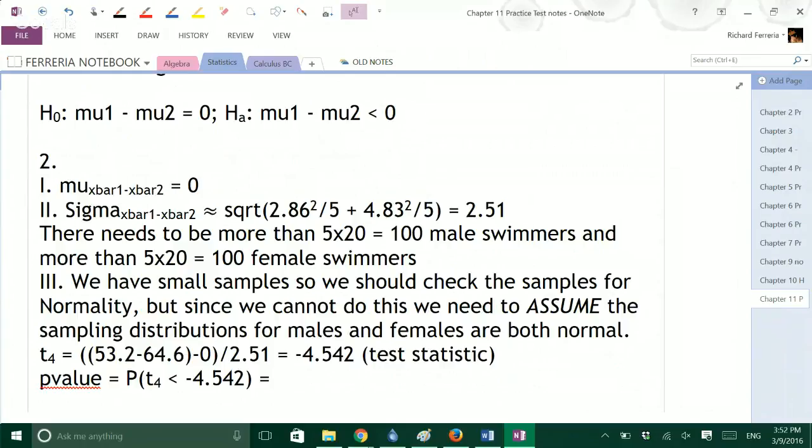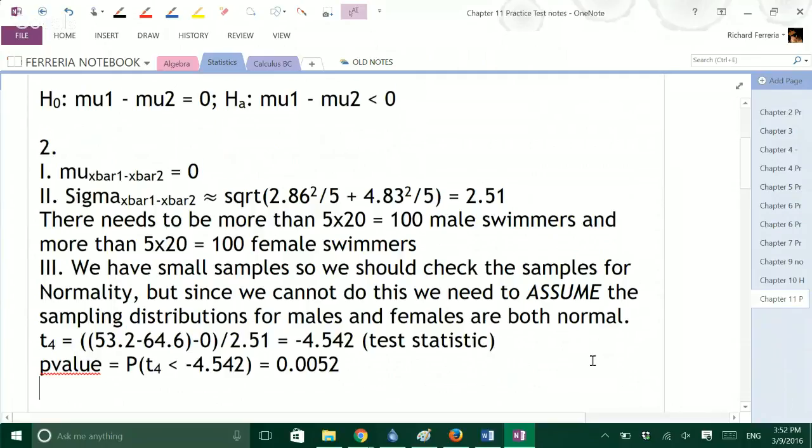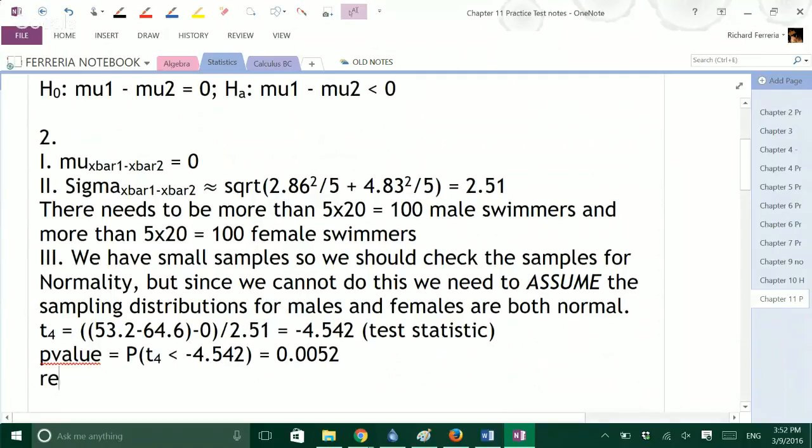Getting 0.0052. So that's a very small p-value, so the correct decision would be reject the null hypothesis. That's my decision.